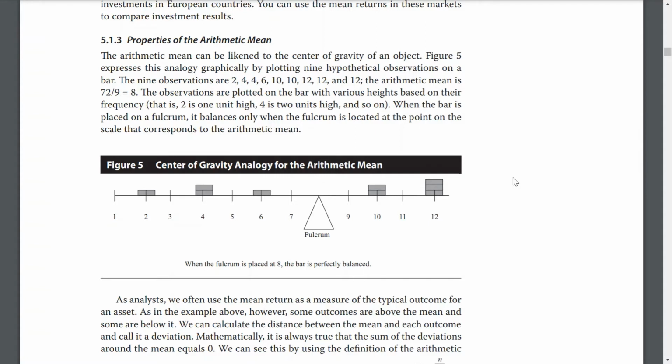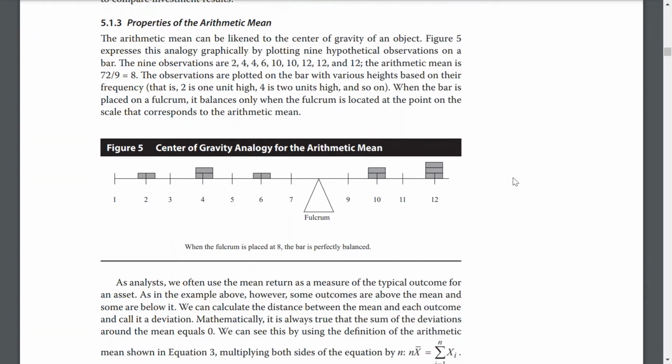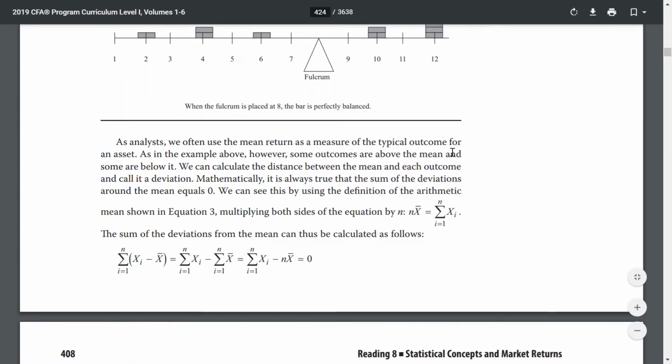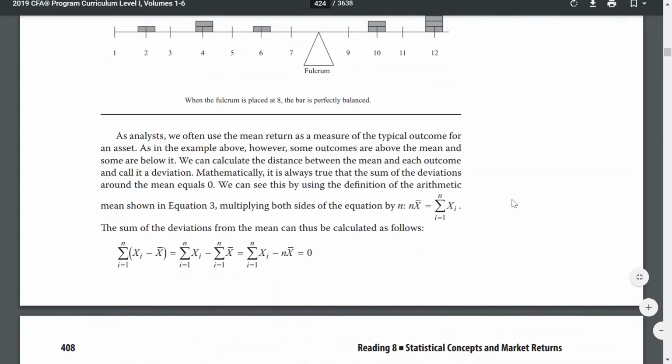The arithmetic mean is 72 divided by 9, which gives us 8. The observations are plotted on the bar at various points based on their values. It balances only when the fulcrum is located at the point of the scale that corresponds to the arithmetic mean, so this balances out at 8.